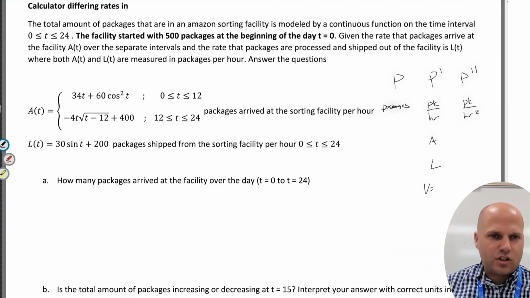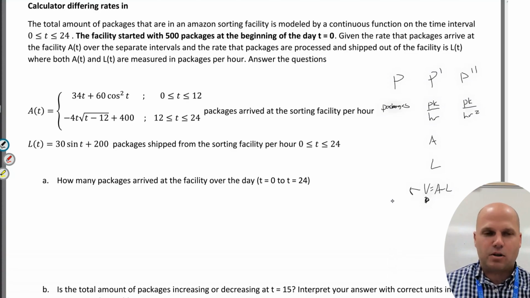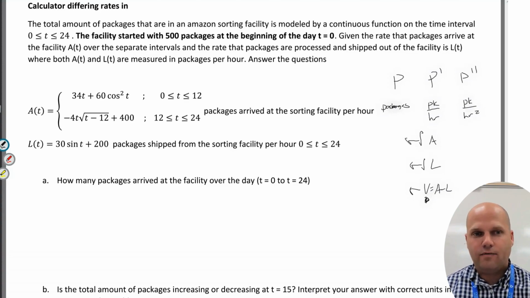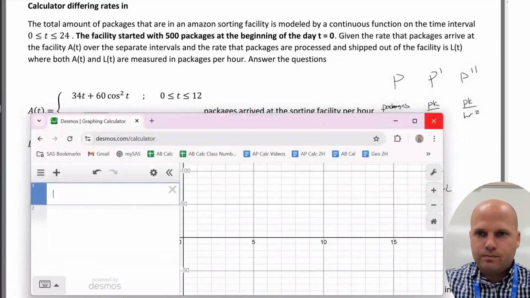The velocity of the situation, or the derivative, is A minus L. If we accumulate the V, I'll get the displacement of my packages, or how much my packages changed. If I accumulate L, I will get total packages out. If I accumulate A, I'll get the total packages that have arrived.